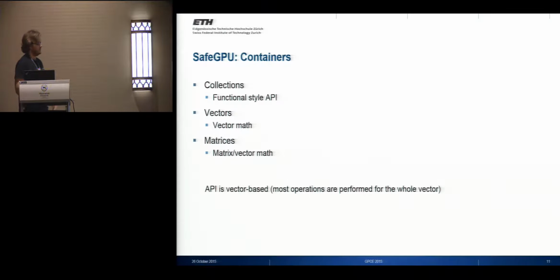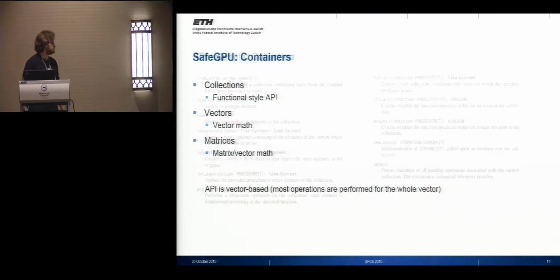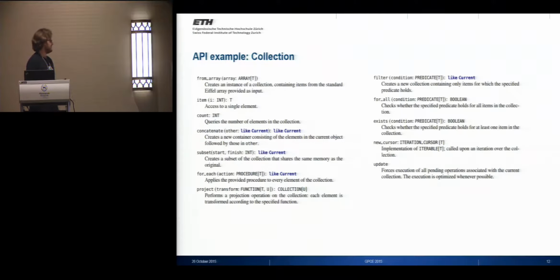It's vector and matrix math, like matrix multiplication, matrix-vector multiplication, all the things you can expect from a classroom GPU example, and much more. So the API is vector-based, so you don't usually operate on individual items, but rather you perform operations on the collection, the whole thing.